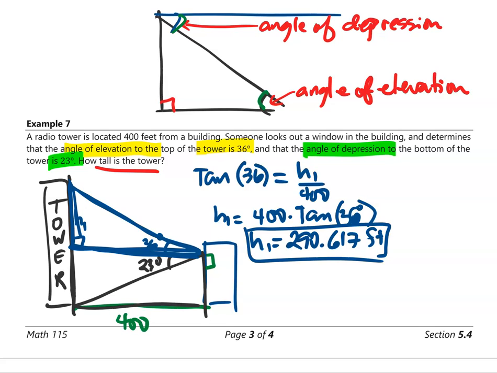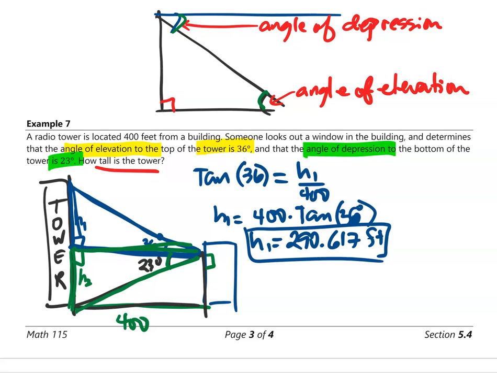Next, we use an angle of depression to the bottom of the tower. We use this green right triangle here, which is 23 degrees. So we want to get this side here, let's say h2, and again that is opposite, and we have here 400.